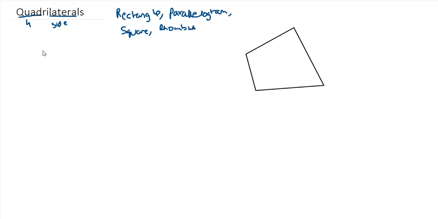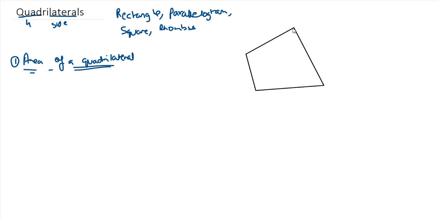Okay. There are two formulas which will be applicable to all the quadrilaterals. Number one will be the formula for area of a quadrilateral. This is a general formula which you can use for any of the above mentioned quadrilaterals. For that, let us first of all join any of the two opposite vertices.